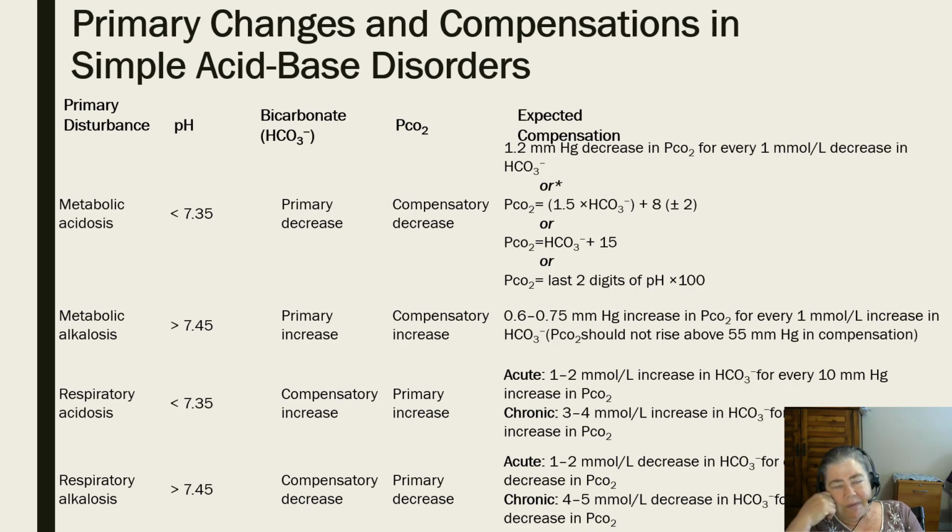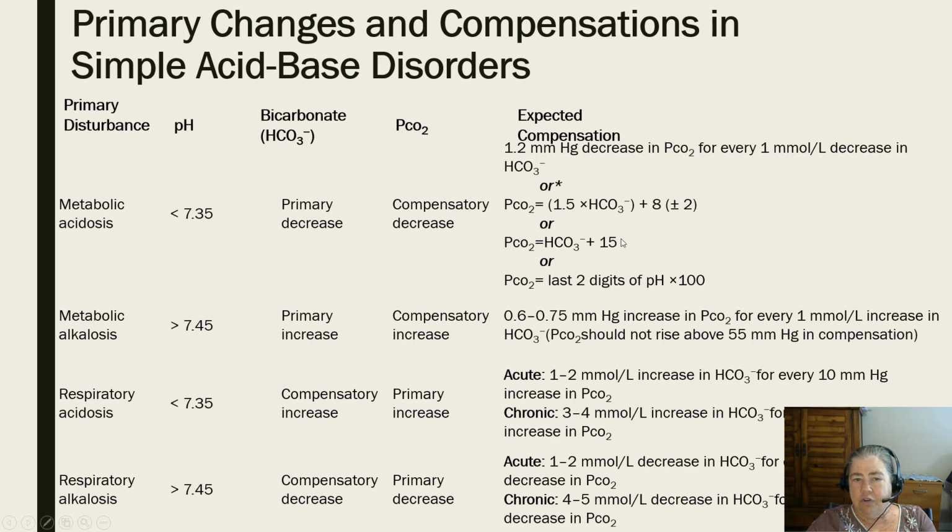And this is an extremely complicated chart, but it allows you to kind of think through what's going on in each of these conditions. If the primary disturbance is metabolic acidosis, and we're starting with a low pH because of excess hydrogen ions, you're going to see also a decrease in bicarb because of the buffering, and you will have a compensatory decrease in CO2 because the lungs are going to try to compensate for the acidosis by getting rid of CO2.